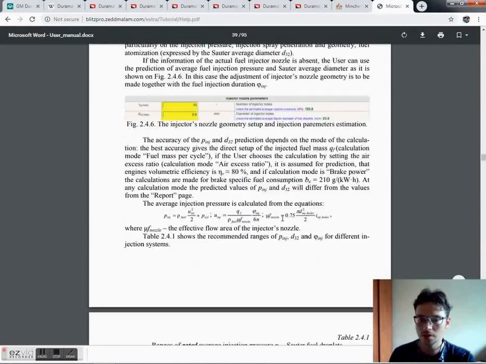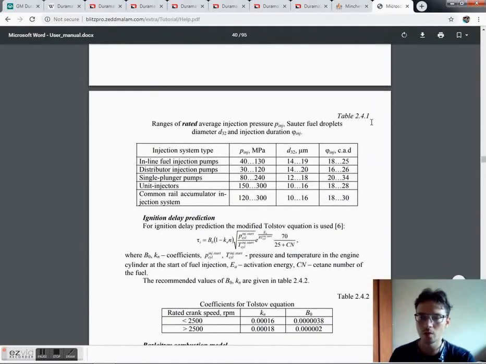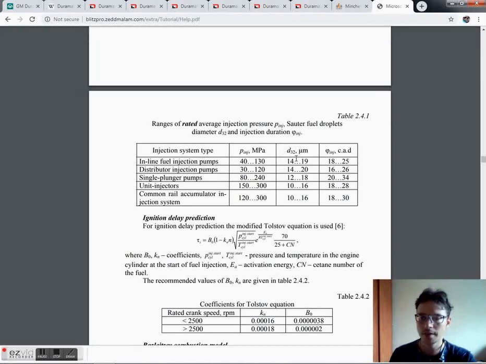We can use Table 2.4.1 in the tutorial, which helps to target these values, the Sauter fuel droplet average diameter and the fuel injection pressure. For a common rail accumulator injection system, the pressure can vary from 120 to 300 megapascals at rated engine operation, and we should target an average fuel droplet diameter from 10 to 16 micrometers.